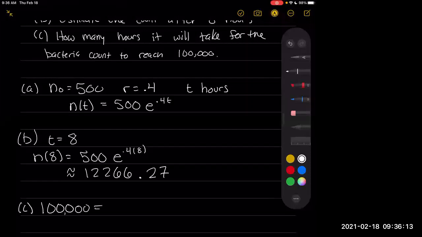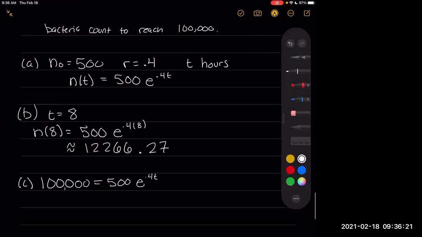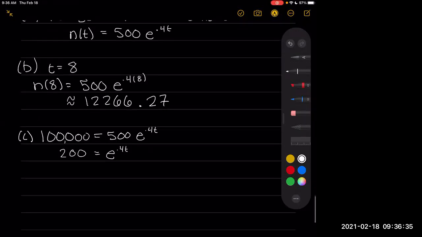And then part C, we want to solve for t when we have 100,000 bacterium. So first step, we're going to divide each side by 500. So we're going to end up with 200 equals e to the 0.4t. And now we're going to take the natural log of both sides.